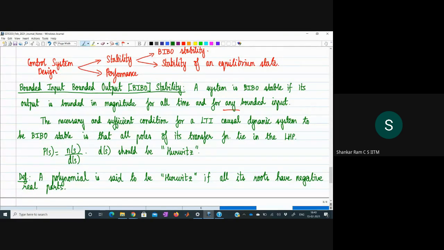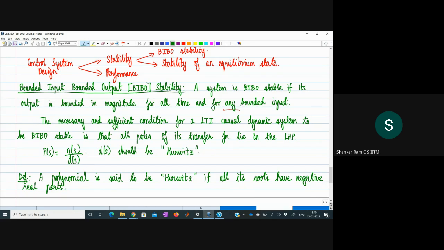The complement of this is that if even one pole lies in the right half plane, the system is going to be unstable. We also looked at what happens if we have poles on the imaginary axis. Suppose we had non-repeating poles on the imaginary axis with all the other poles in the left half plane, the system's output was bounded for most inputs. The output is unbounded only for certain bounded inputs.